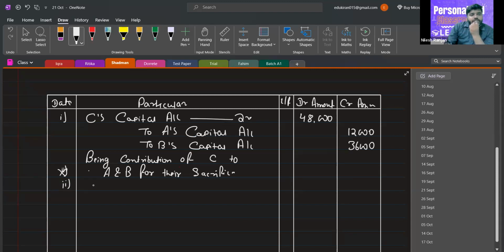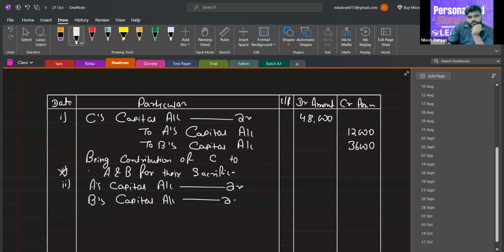Now, the second entry is for existing goodwill, so we have to write it off. It will be A capital. It is written off in the old ratio, so all partners' capital accounts will be debited: A capital, B capital, and C capital, to goodwill account.